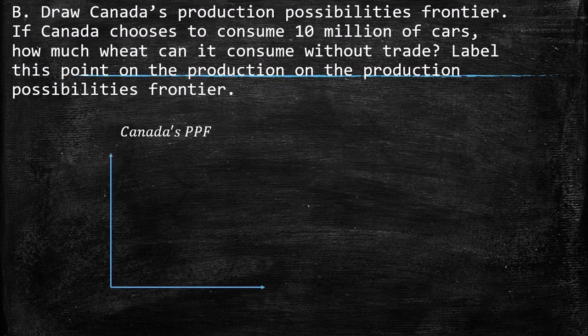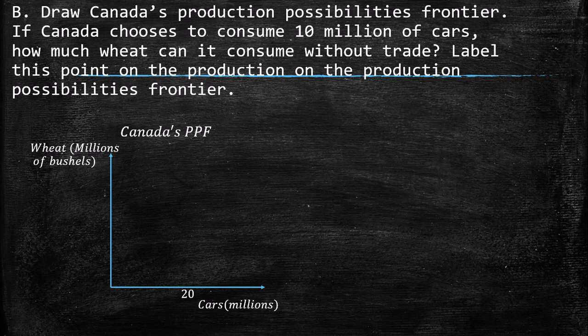So we have here Canada's production possibilities frontier. On the y-axis we have wheat measured in millions of bushels, and here we have cars measured in millions. Remember that we have 10 million people and they can produce 2 cars each worker per year.